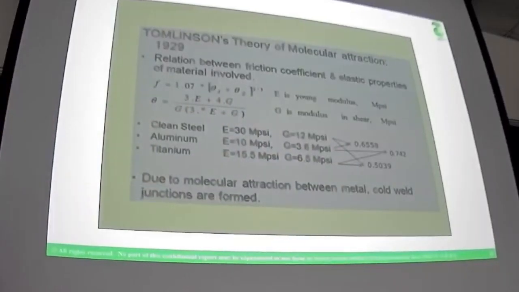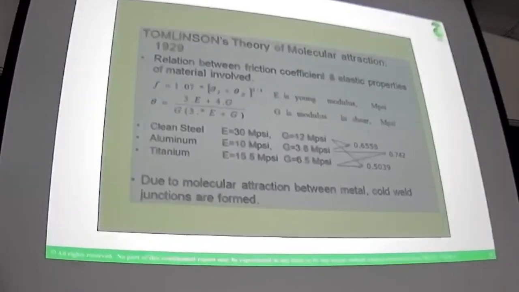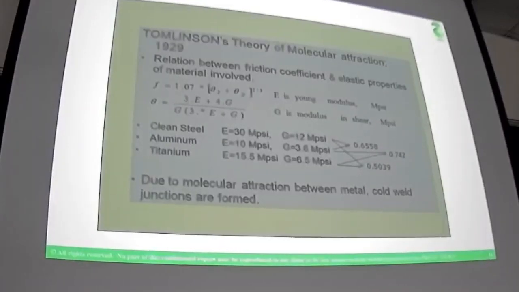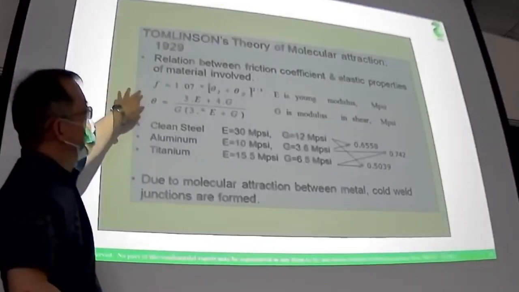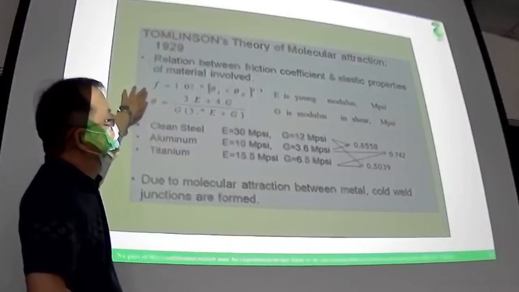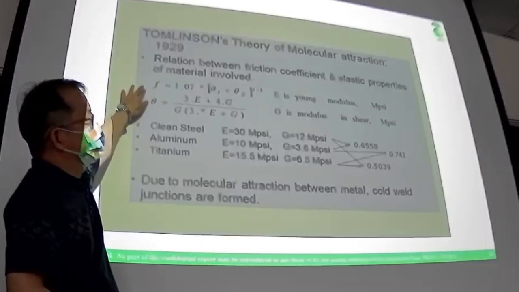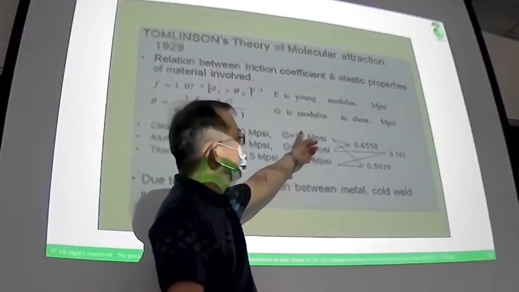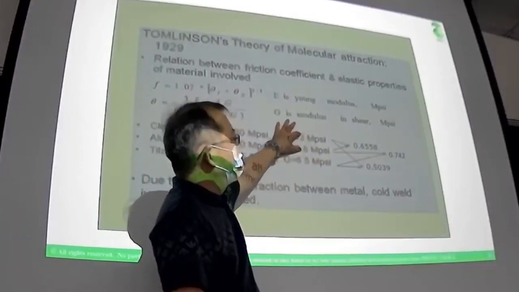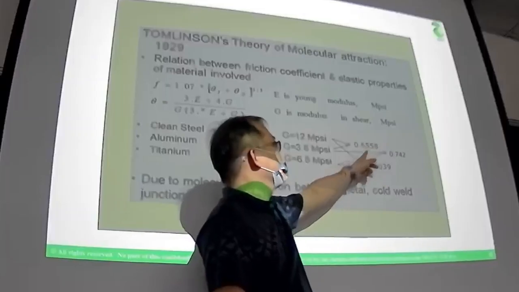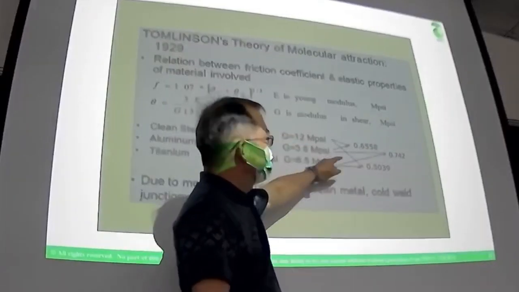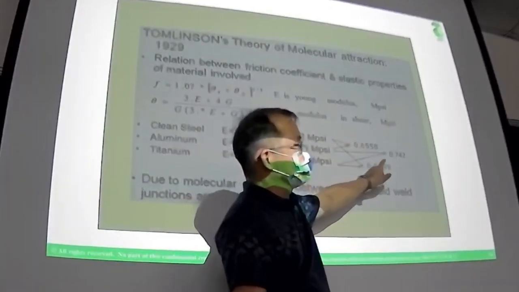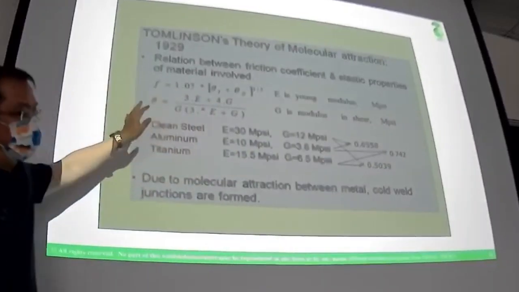Here, this one is the COF, coefficient of friction. By calculation, for these two tribo pairs, you get the coefficient of friction, and you get the result by using these two formulas.